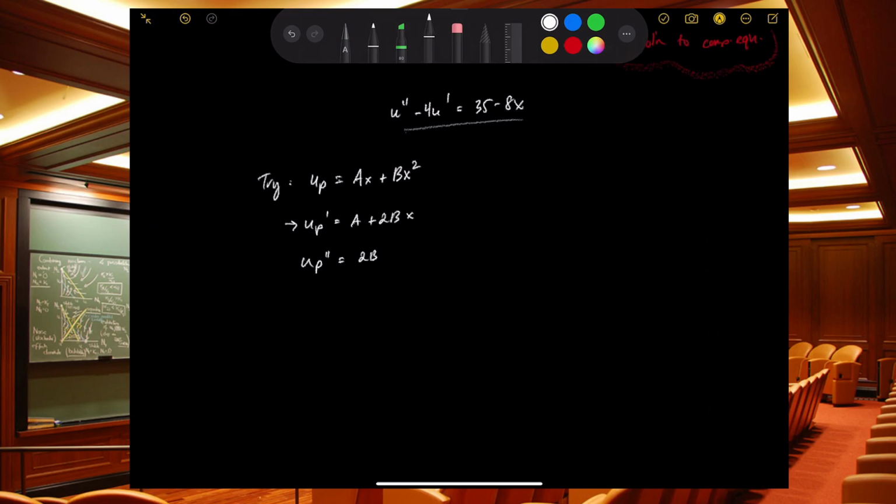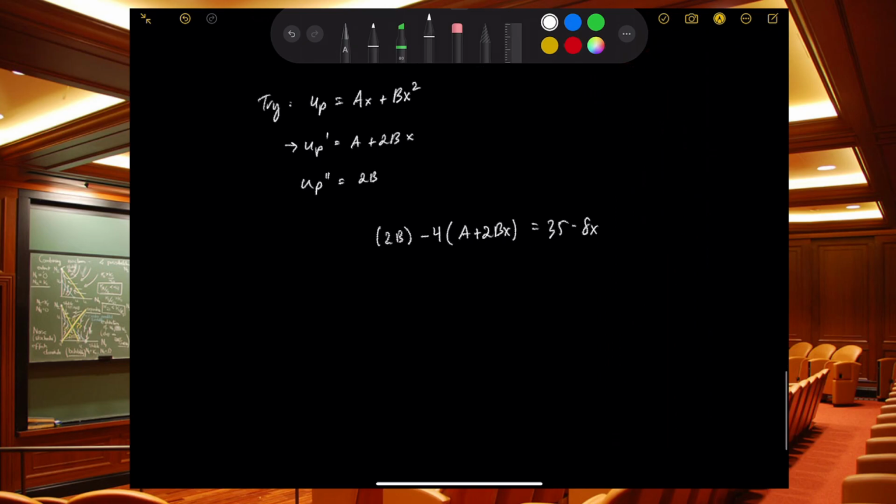So I plug in u double prime, 2b, minus 4 times u prime. We said u prime was a plus 2bx, equals 35 minus 8x. And then we distribute and rewrite.